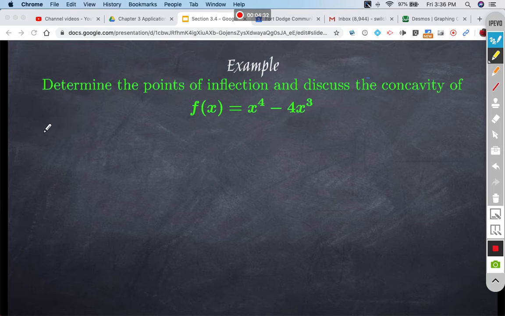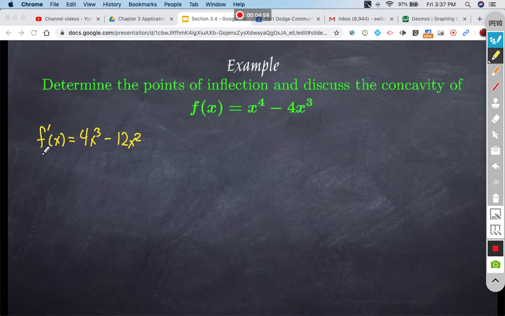This one I gave you a much nicer formula to work with. So we're going to find the first derivative, which is 4x to the third minus 12x squared.